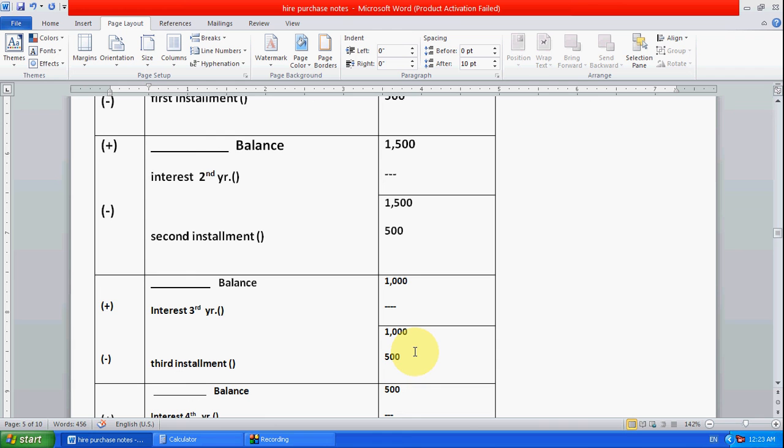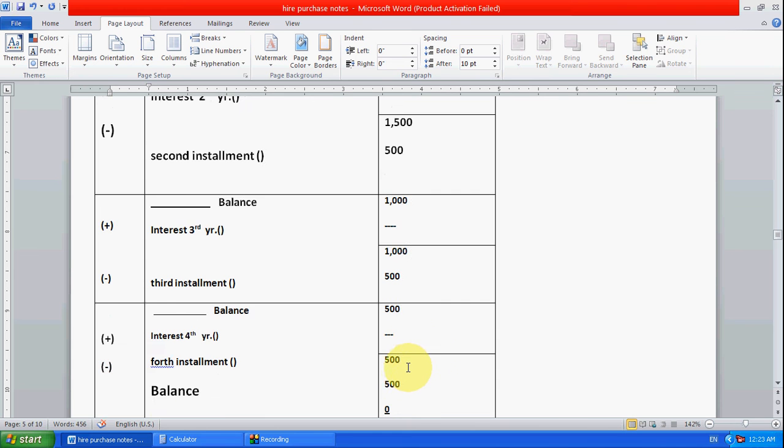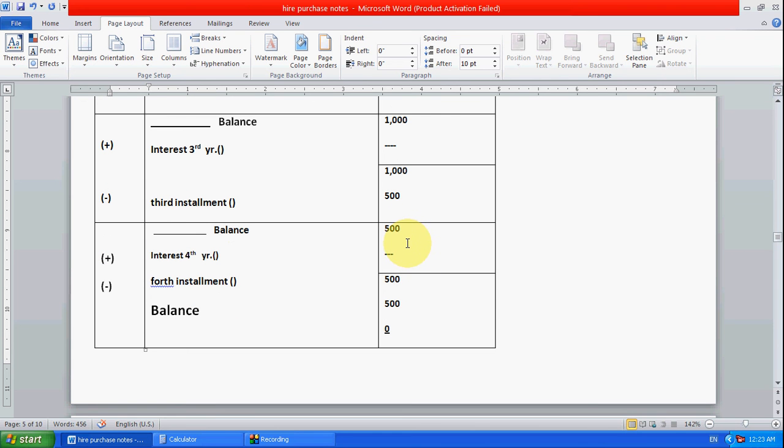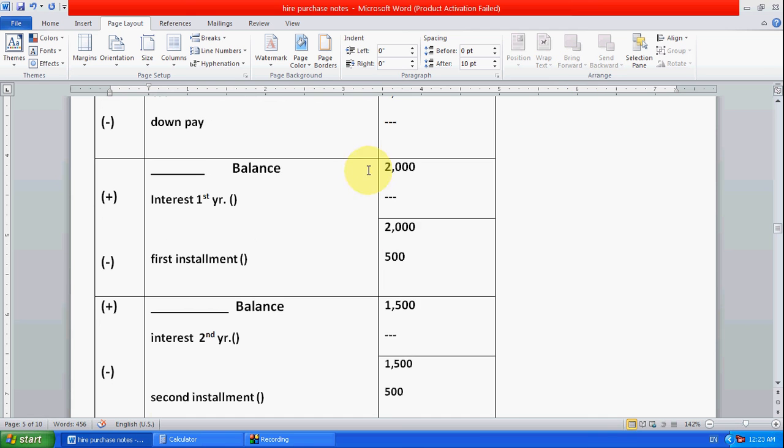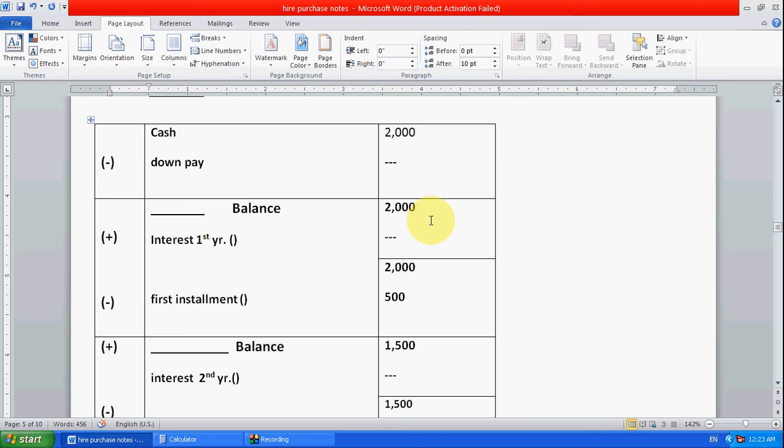After the third installment of 500, the balance is 500. After the fourth 500 installment, it is totally 0. Now we have to calculate the extra amount.